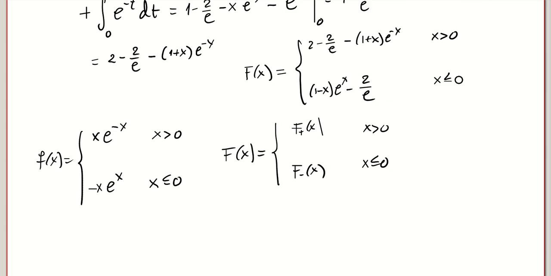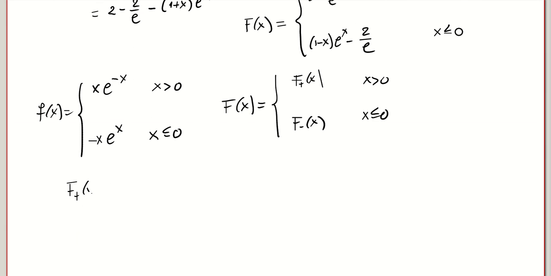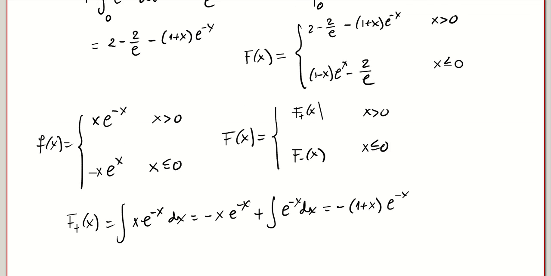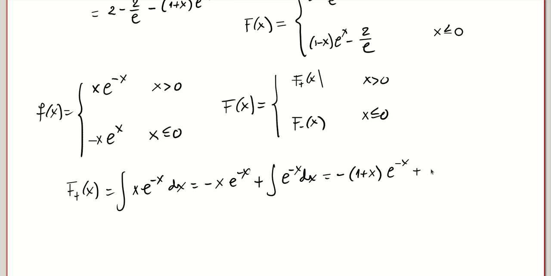So let's see what they are. F plus is a primitive of x e^(-x), which we do integrating by parts, and then it's minus x e^(-x), minus minus plus, right? The primitive of e^(-x) dx, which is minus the exponential, so what we have is minus 1 plus x times e^(-x), right? And of course, we have an additive constant, right?